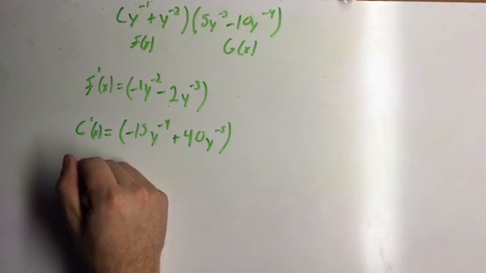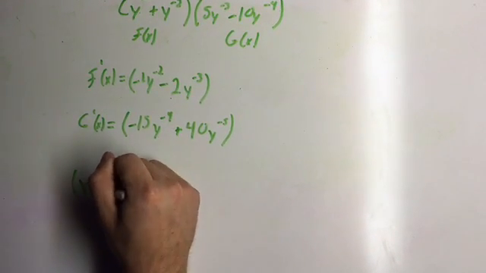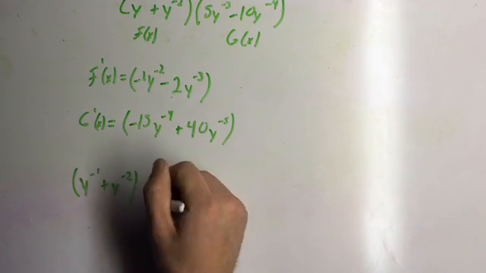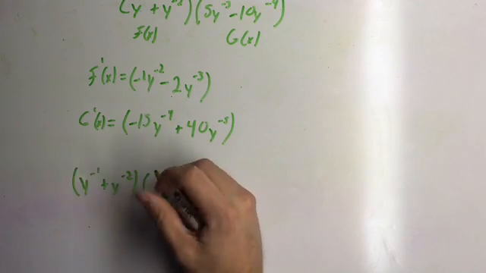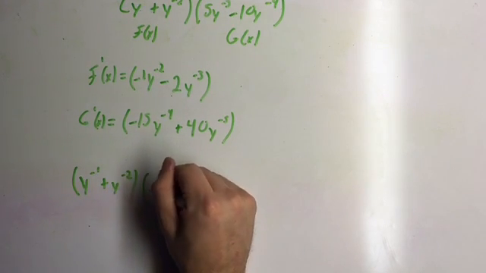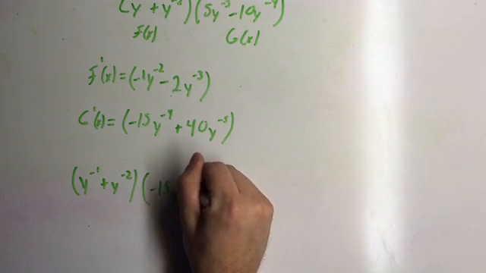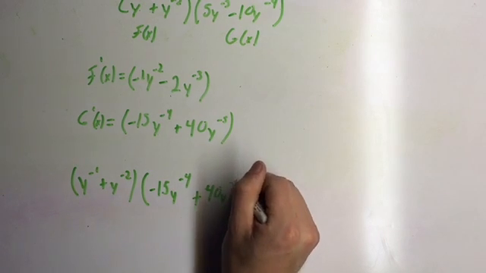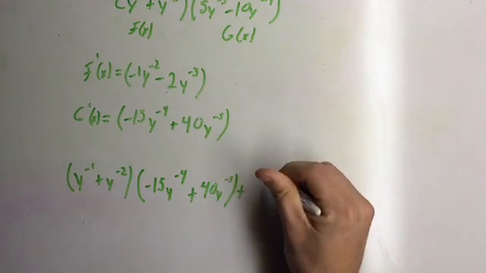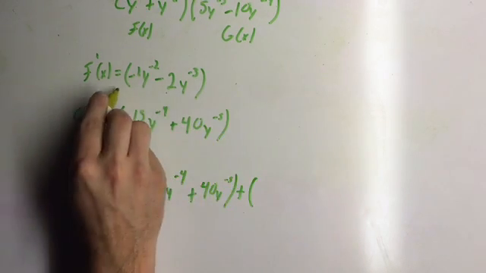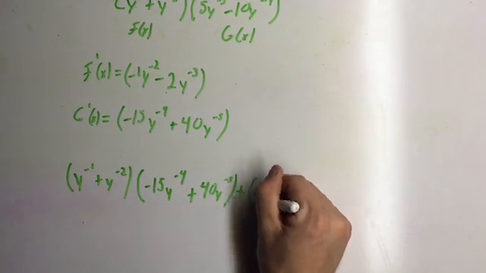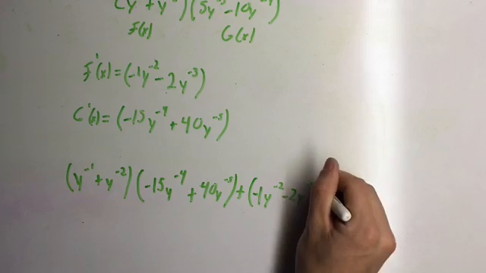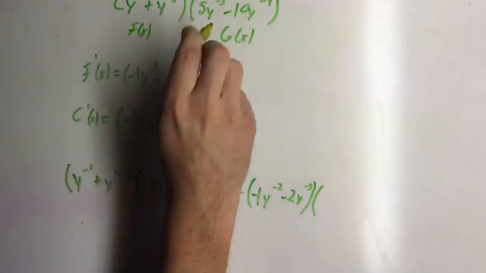So we're going to take f of x times g prime of x plus f prime of x times g of x.